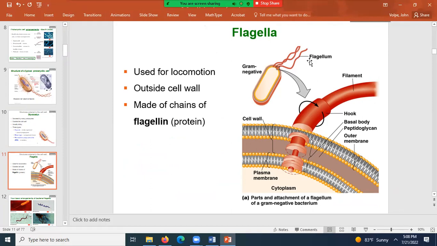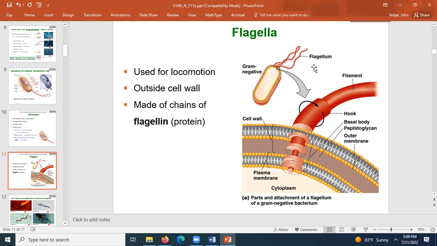They're a whip-like structure, allowing the cell to move. So if the cell can swim in a liquid media or an aqueous solution, then it has a flagella.